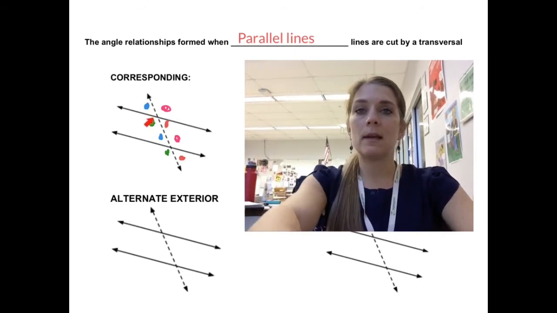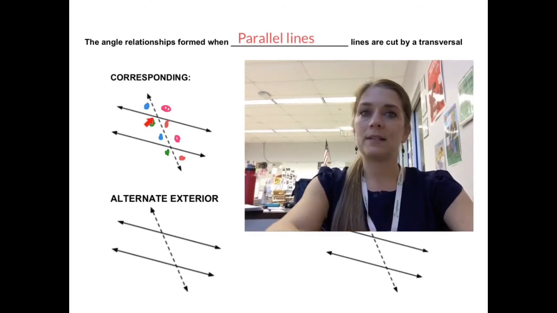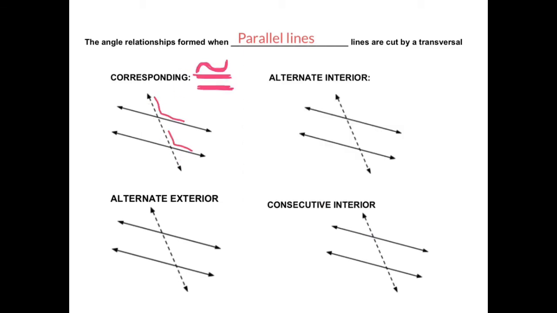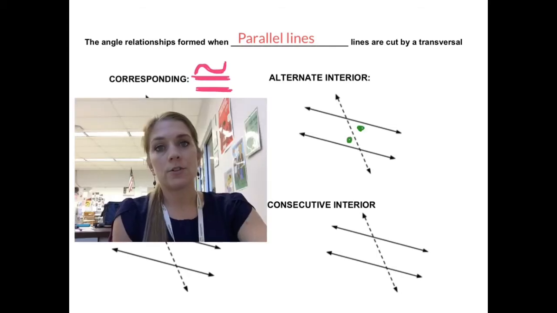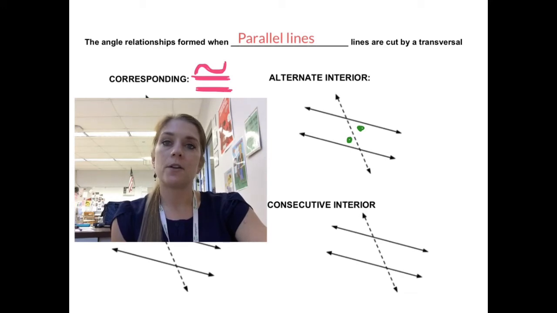So hopefully we can make the connection here that corresponding angles are congruent. Just to make the image a little simpler, I'm only identifying one pair of corresponding angles, these pink angles here. They're in the same location, referring to the two different sets of four angles, and the corresponding angles are congruent. So now let's take a look at the alternate interior angles.